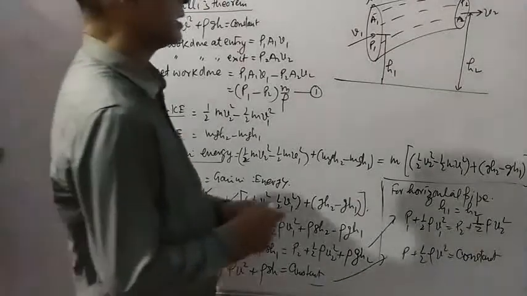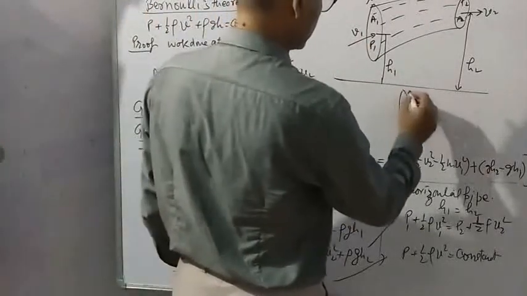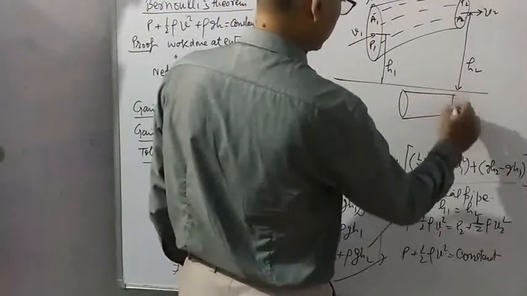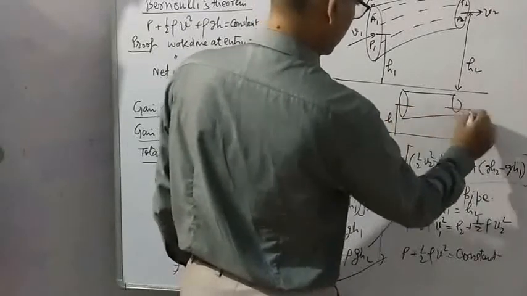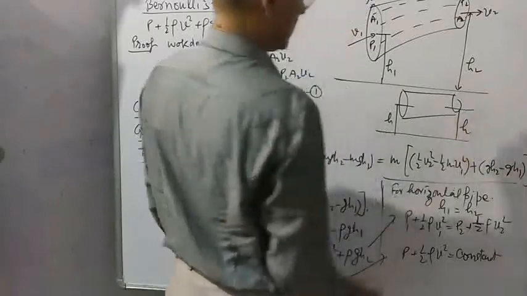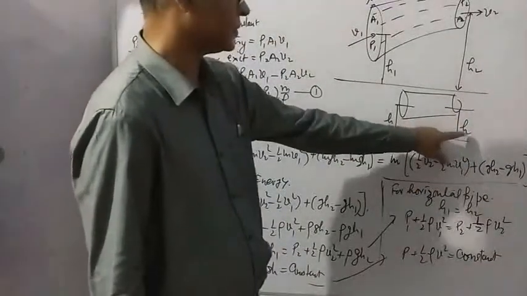Suppose pipe is horizontal, like this. If pipe is horizontal, so H1 is equal to H2.